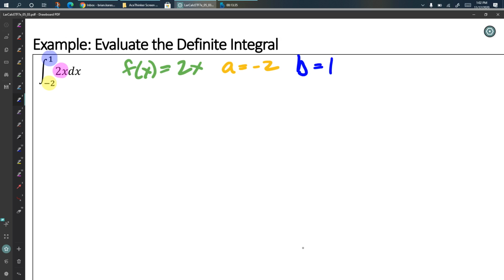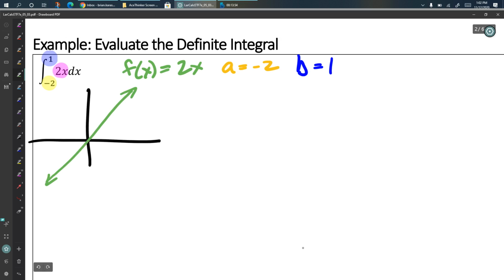And now what I'm supposed to do to figure this out is I'm supposed to take the limit of the Riemann summations. Right? Now, just thinking mathematically about this, the function y equals 2x looks like this, right? A line with a slope of 2. My a value is -2.